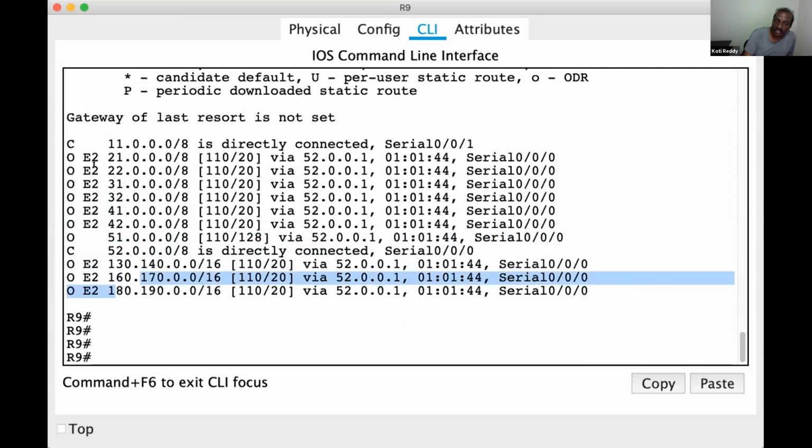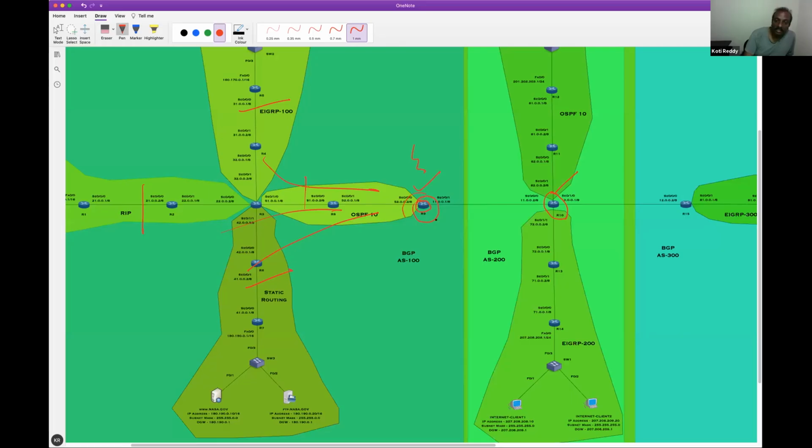But all of them are listed as OSPF routes. Why OSPF routes? Because as far as R9 is concerned, OSPF only is giving the routes, so R9 will add these routes in the routing table as OSPF routes.